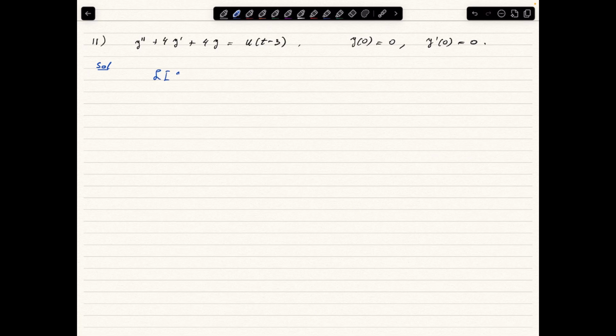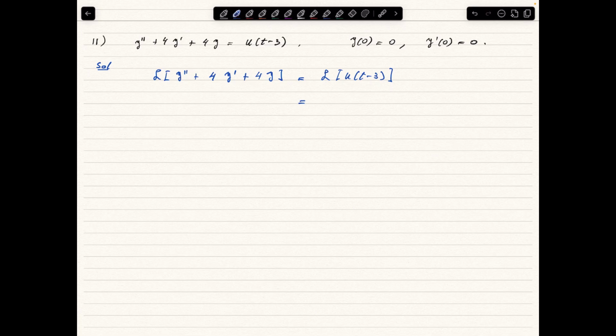Laplace transform of the second derivative plus 4y prime plus 4y has to be equal to the Laplace transform of the step, which we know what that is. The Laplace transform of the step is in the Laplace transform table, so we can put it right here.